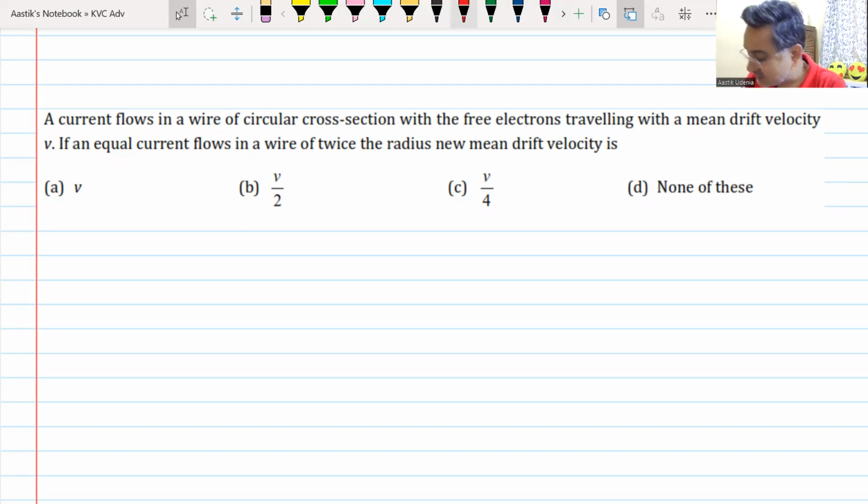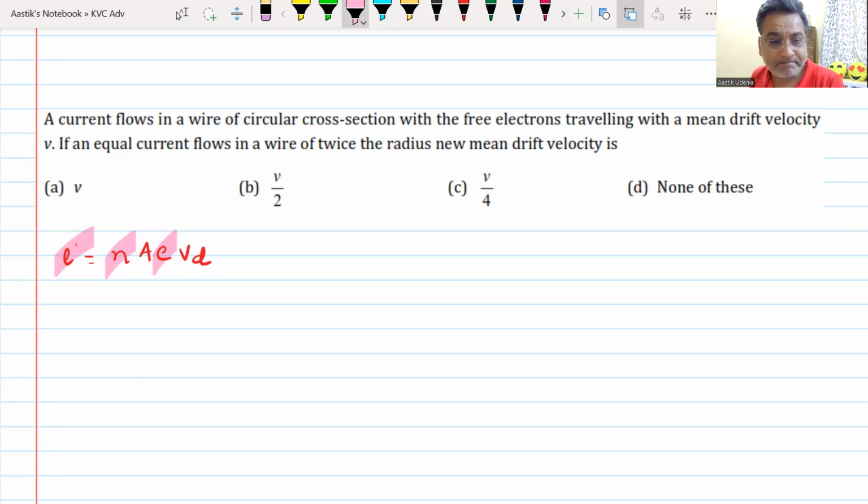Now the answer has changed. I is equal to NAeVd. Current is the same. Number of electrons is the same. e is the same. So the drift velocity is inversely proportional to the area of cross section.